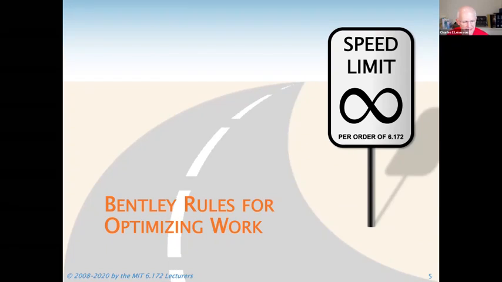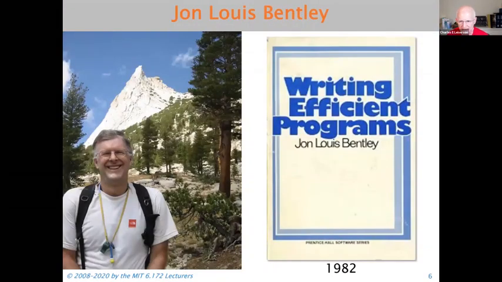So let's talk about how to reduce work. I want to go back a little bit in time to 1982. Many of the techniques for reducing work were originally codified by John Lewis Bentley. In 1982, about 40 years ago, he wrote a short little book called Writing Efficient Programs, which contained a list of rules. Now, some of his rules are also repeated in his other books.